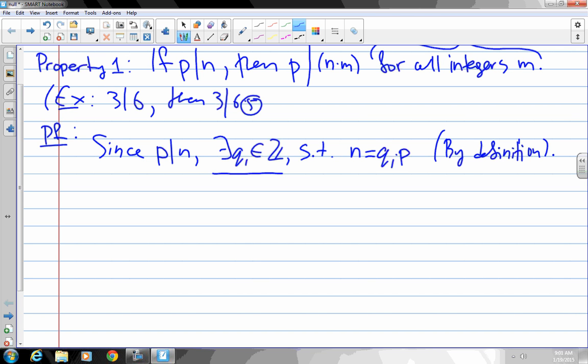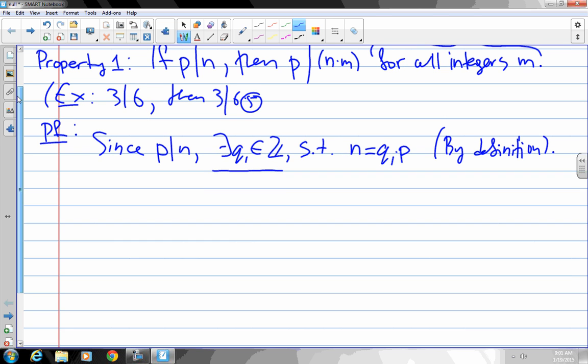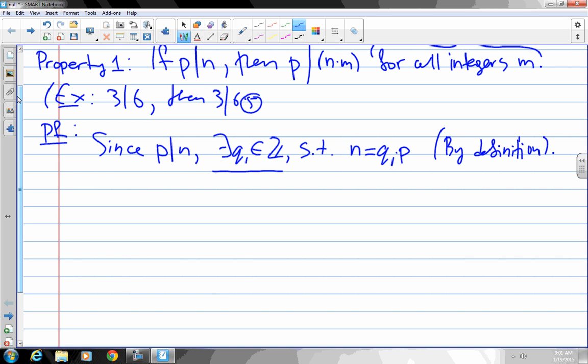Well, now, look at what we're trying to prove. We're trying to prove that P divides NM, so we can say, therefore, NM equals, well, I know that N equals Q1 times P, so I can substitute that in for N. So I'll get Q1 times P times M, right?